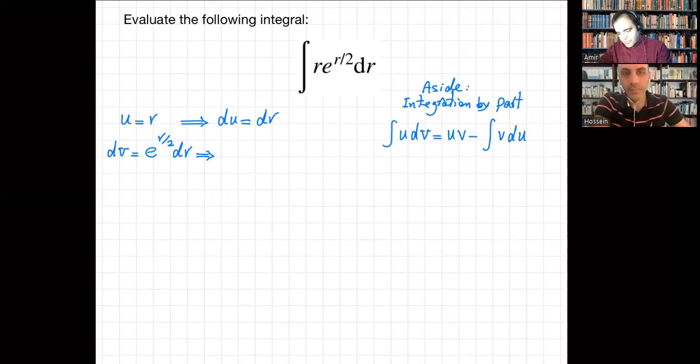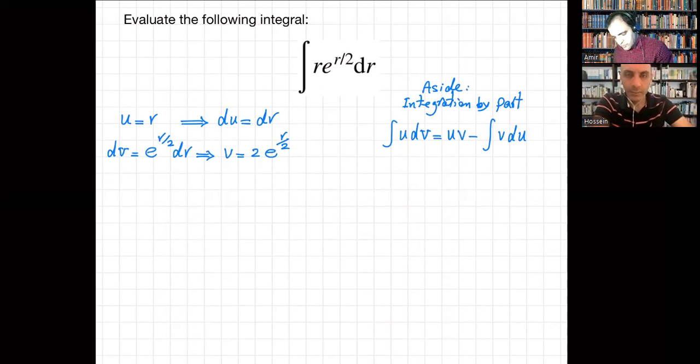So here instead of x, we have r, and the integration is in terms of r as the variable. So v is 2 e to the power of r over 2, and we just skip c as constant here.